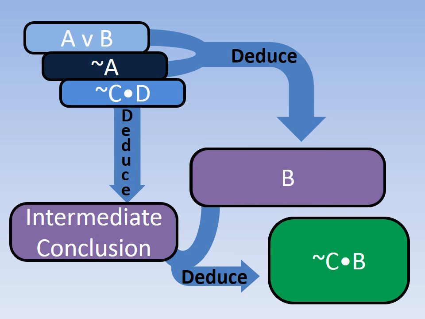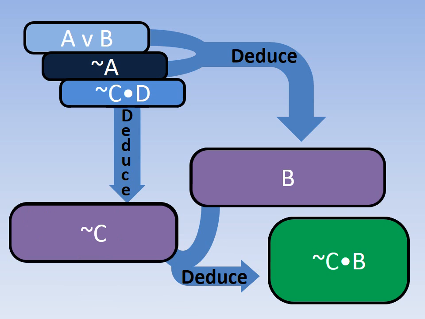Namely, I could deduce that B must be the case. And if I took the premise tilde C dot D, well, clearly if that's the case, then tilde C has to be true, and I deduce from those 2 intermediate conclusions that tilde C dot B is the case. That's the general idea, but we need rules to justify those blue arrows and to say which moves are appropriate and which are inappropriate or invalid.